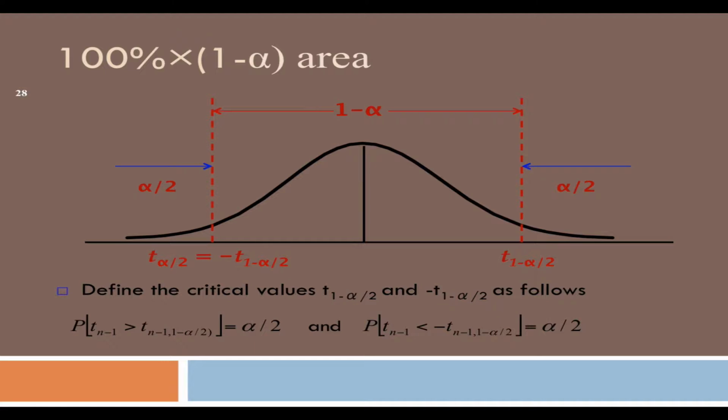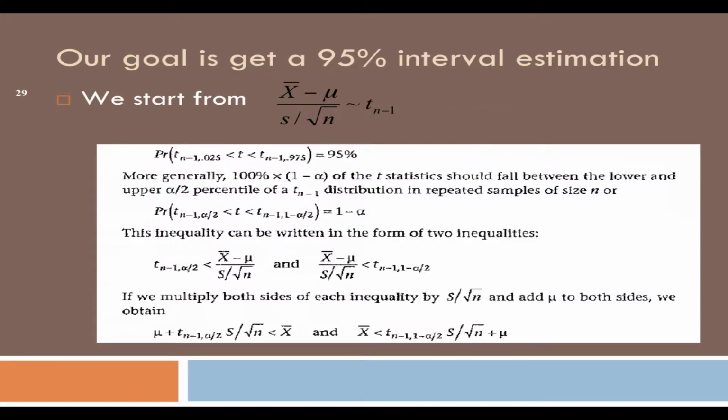So this is in a t-distribution. And how do we use a t-distribution to get the confidence interval? This is what we do. For the t-distribution, there is a 95% chance that it is within this interval, right?